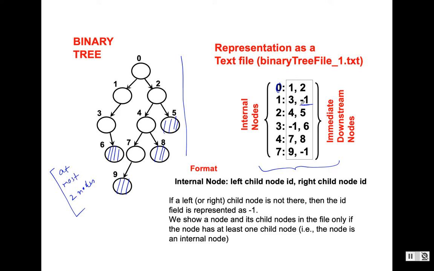So -1 means it doesn't have the right child. As a binary tree has two children, we can say that this is the left child and this is the right child.